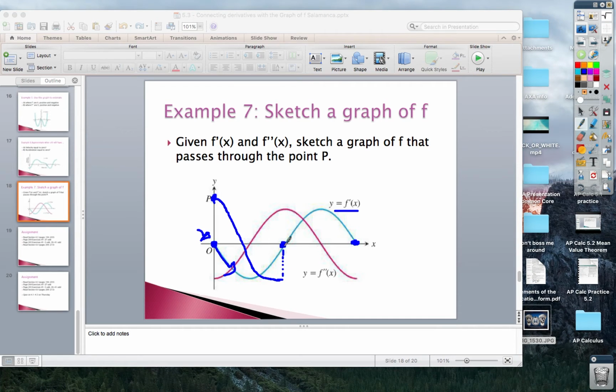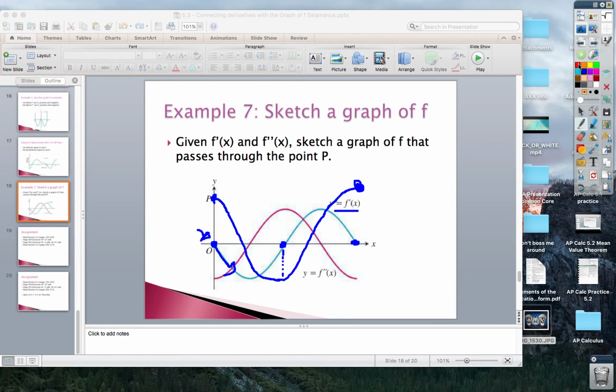After this, we know that after that critical point in blue, this thing is positive from here to here. That means from here on, it should have been increasing, which is why this right here is going to be our max as well. Now notice I did that solely based off of f prime graph.